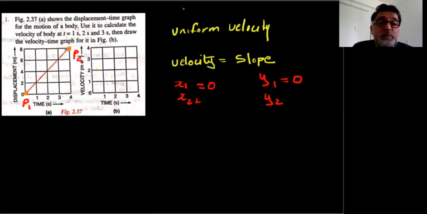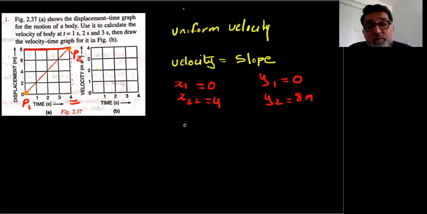For x2, this is point P2. If you draw it down on our x-axis, x2 becomes 4 seconds. At the same time, for y2, if you take the point P2 and extend it all the way up to the y-axis, we get the displacement equals 8 meters.